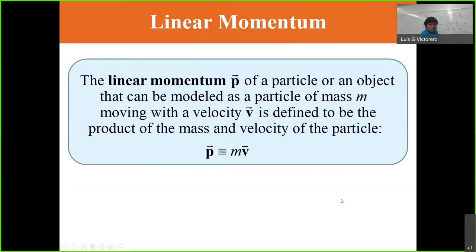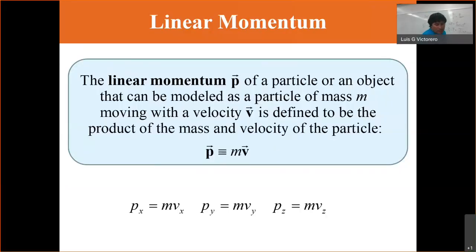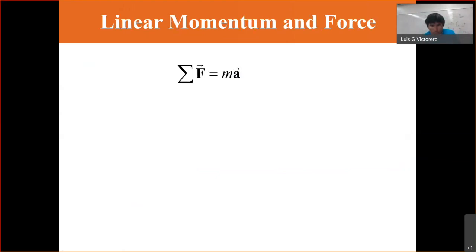Right? So obviously, since momentum is a vector, you can have a particle moving in 3 different directions. So it makes sense that you have momentum in 3 different directions. So that was Newton's second law.